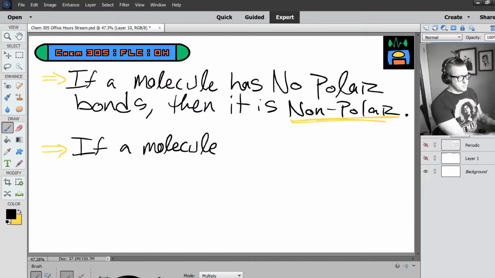Nonpolar bonds means the difference in electronegativity, which is here, between 2 atoms is 0.4 or less.